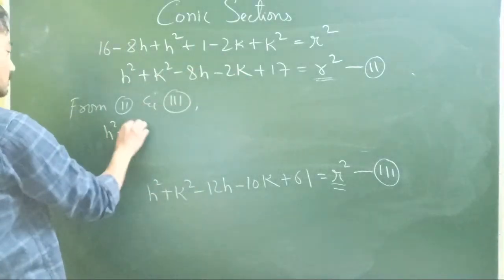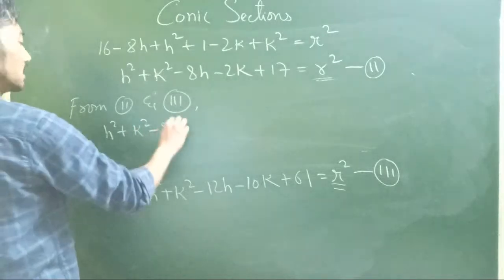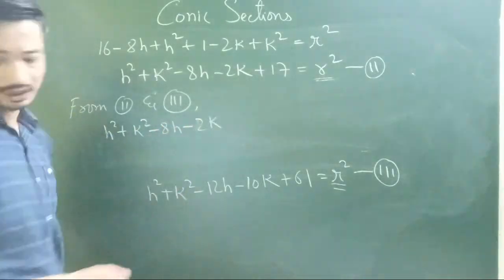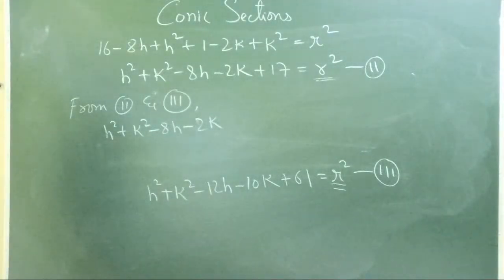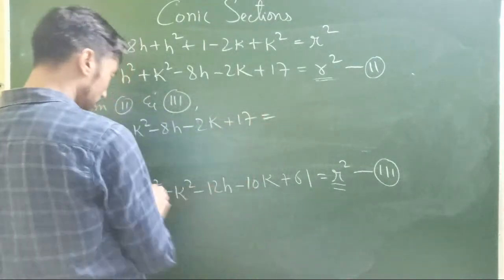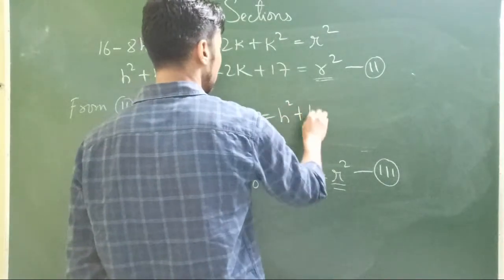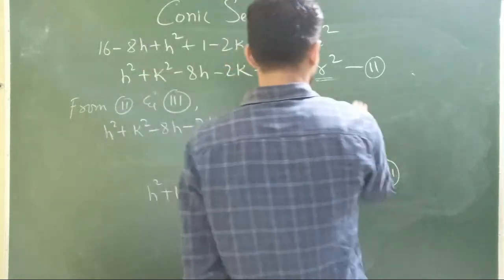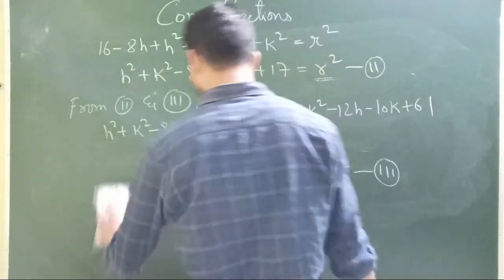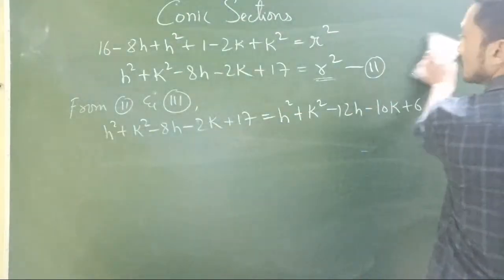That's h square plus k square minus 8h minus 2k plus 17 is equal to this equation, because both represent r square. Minus 12h minus 10k plus 61. I am going to rub this off now.